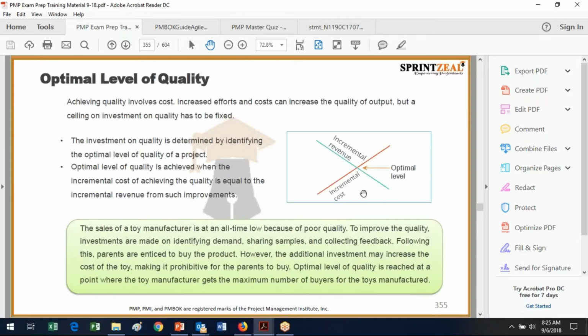So the optimal level of quality is obviously a trade-off. In other words, if you look at the diagram, there's incremental revenue and incremental cost, and the optimal level of quality is where those two things intersect. Because obviously you can put all kinds of effort into something and being very exactly perfect, but again, the right answer too late is not the right answer, or at least not a useful answer.